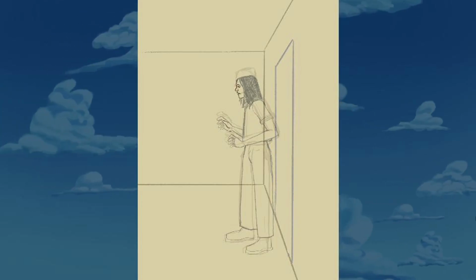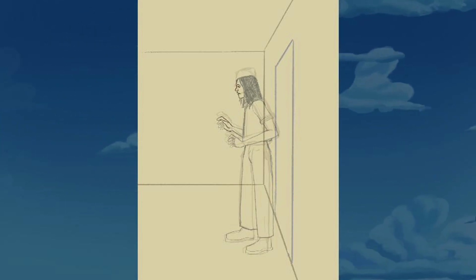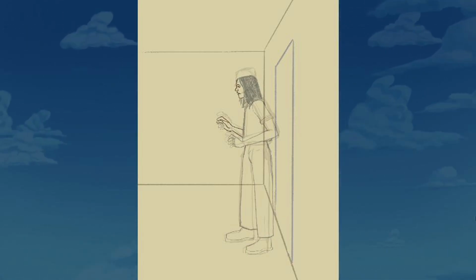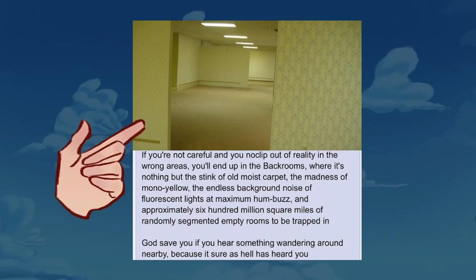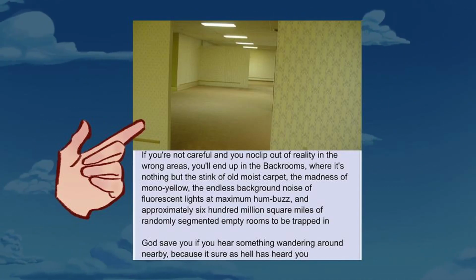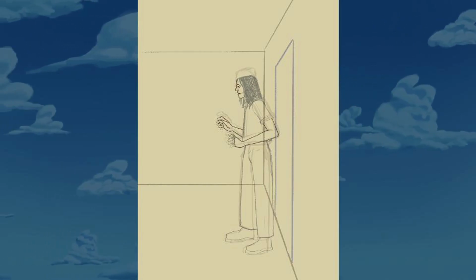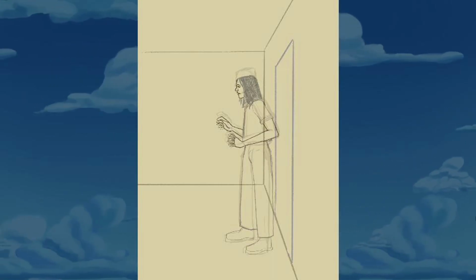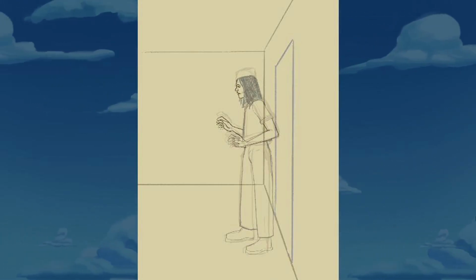Because at the end of the day, Backrooms kind of was a single thing. It was just a very famous image that was uploaded and then people just started giving it a story. But technically, there isn't a story that you could say is the official Backrooms story, at least that I know of.